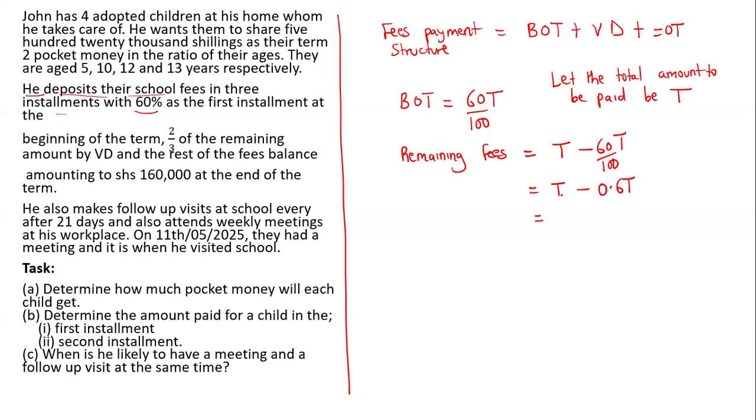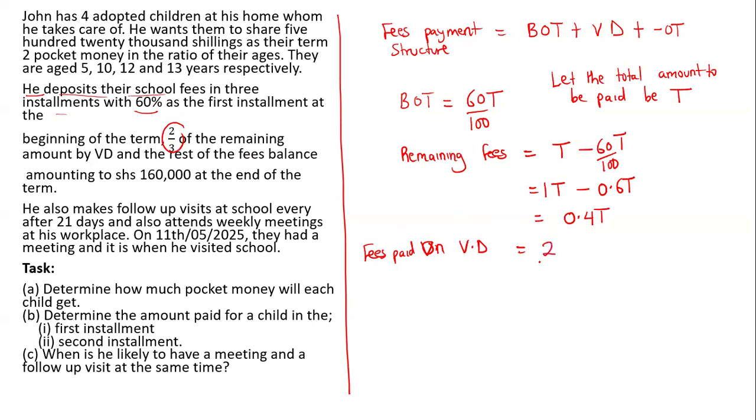So what are you remaining with? T minus 0.6T, there is a hidden 1. So 1 minus 0.6 gives us 0.4T. This is the amount remaining. So how much does he pay on VD? The fees paid on VD, they told us, is 2/3 of the remainder.